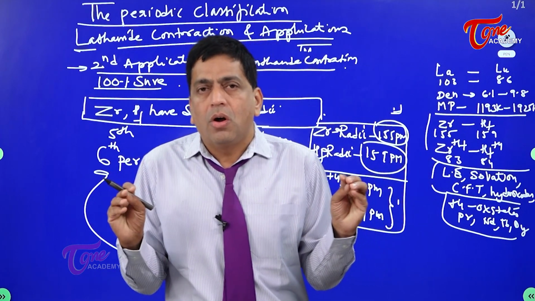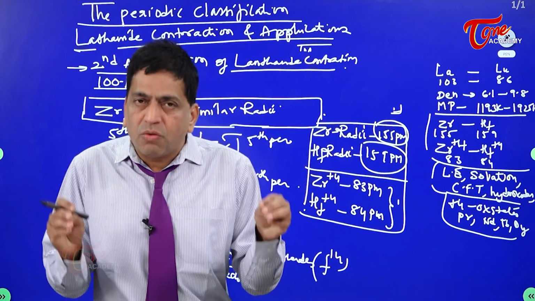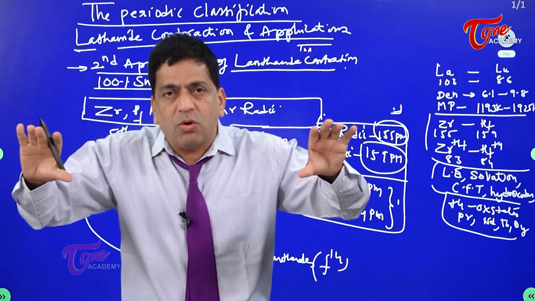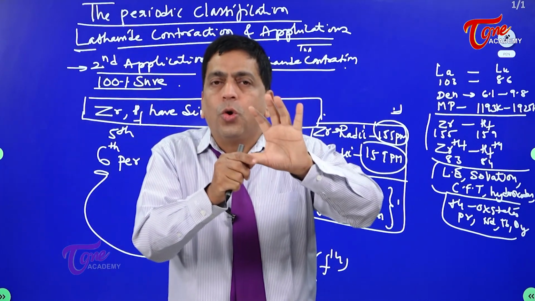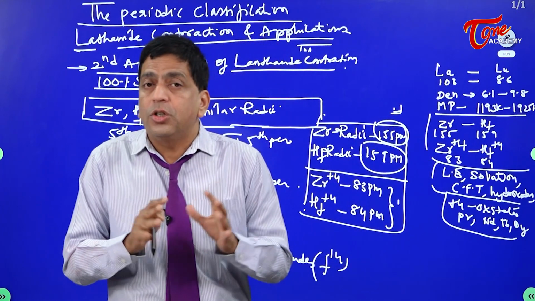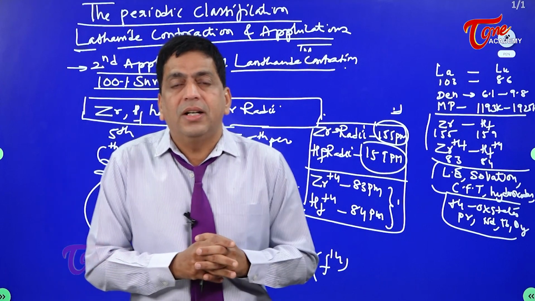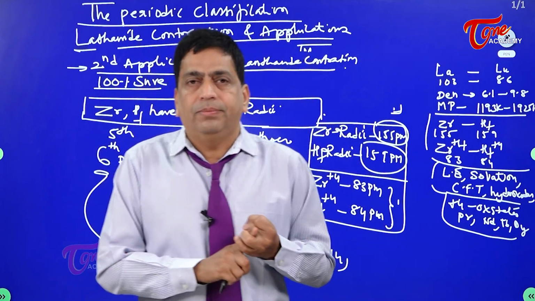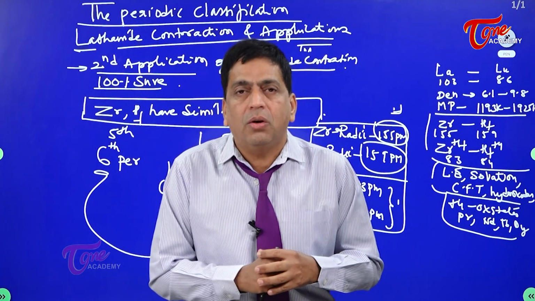And more important is this question where the direct consequence of lanthanoid contraction is that zirconium and hafnium will have similar radii. Now, first of all, when we say this statement, you must be spotting where is zirconium, where is hafnium. Where are those in the periodic table?